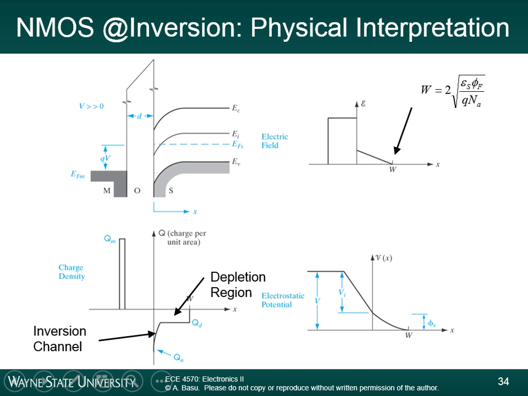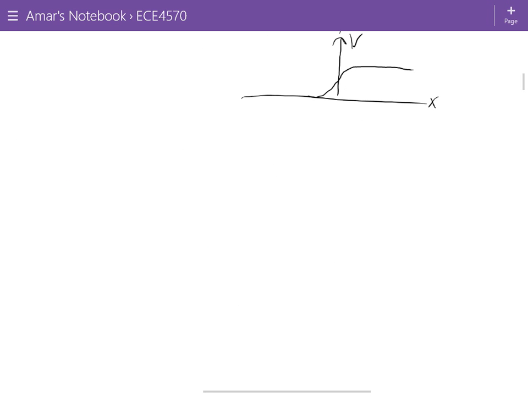So the electric field is one over epsilon, the integral from negative infinity to x, of rho of x dx.